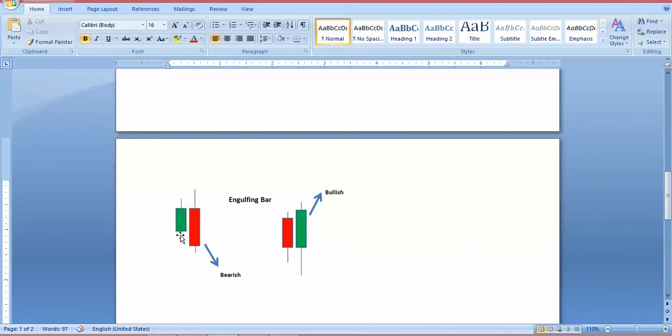So you realize that the buyers were trying to push price, but then eventually the sellers took over and overpowered them.